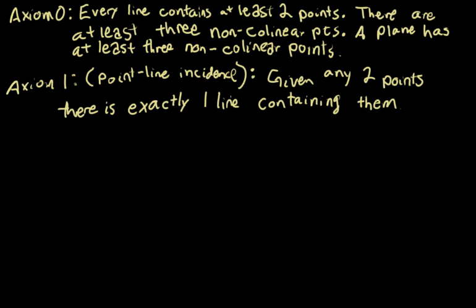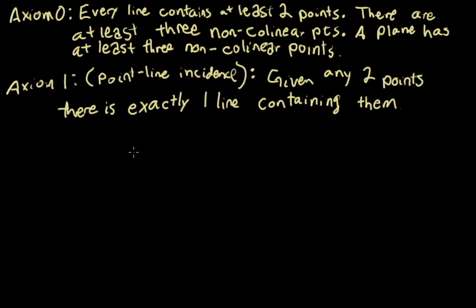So the qualifications for those, although they could overlap, are such that they have to be different things. Otherwise, we would have had a different axiom, because we want to have as weak an axiom as possible. And the weakest axiom we could have for a plane is that it has 3 non-collinear points. If a plane was a line, we could say that every plane has at least 2 points.